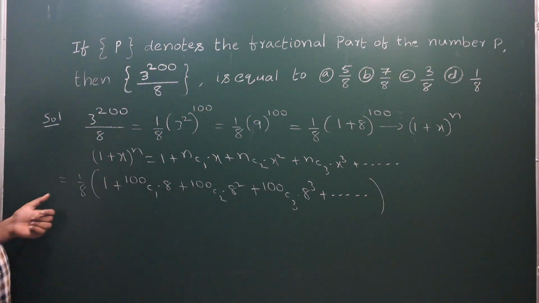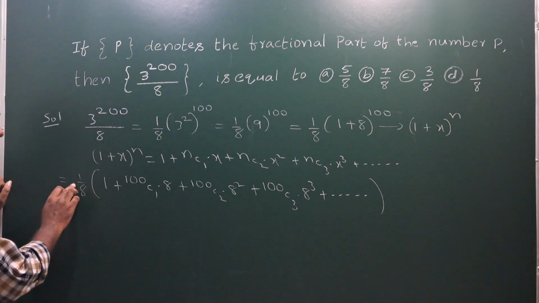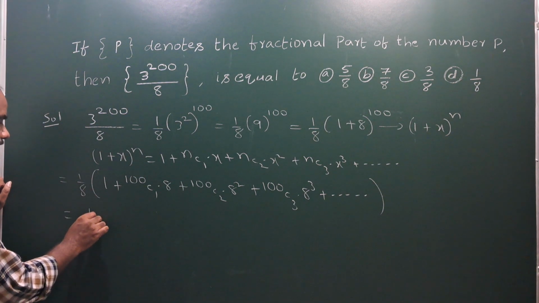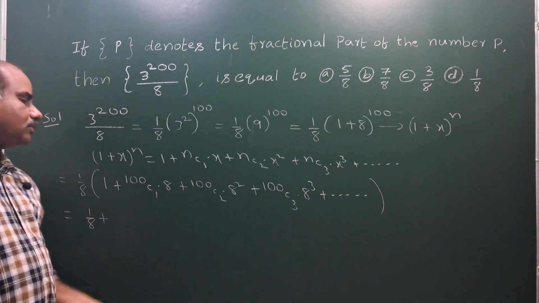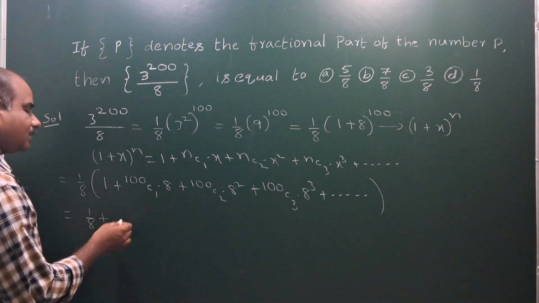Okay. And we have to express this as 1 by 8 into 1, that means 1 by 8, and from the second term up to the last we take 8 as common.